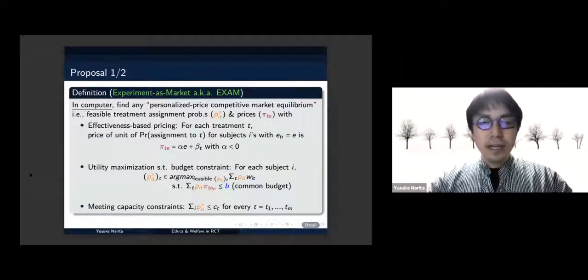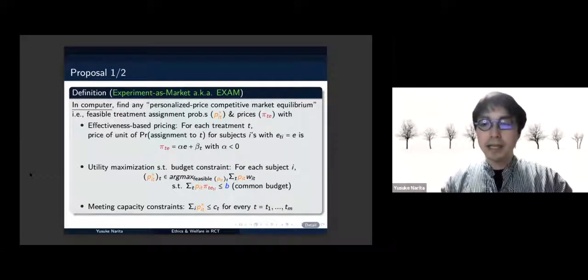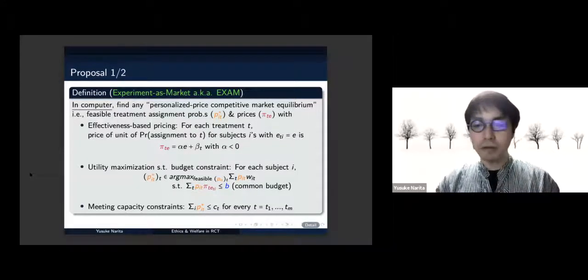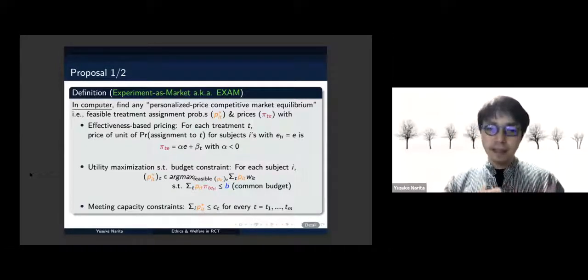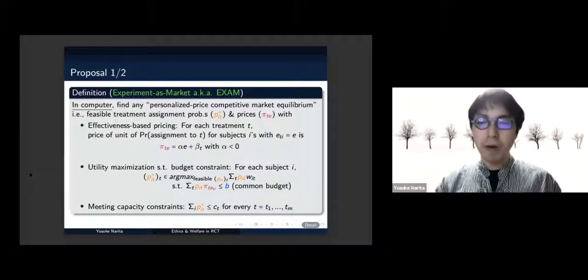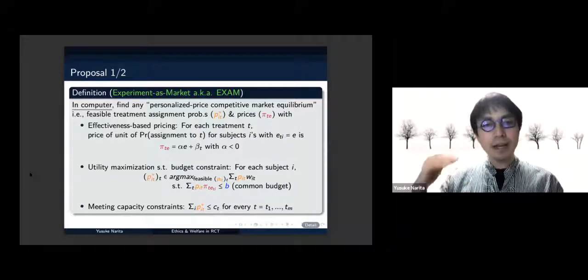So in this utility maximization problem, each person is trying to maximize the expected willingness to pay for assigned treatment, but subject to some budget constraint. The budget constraint is formed by the personalized prices coming from the first step, as well as a common budget B, the blue object.